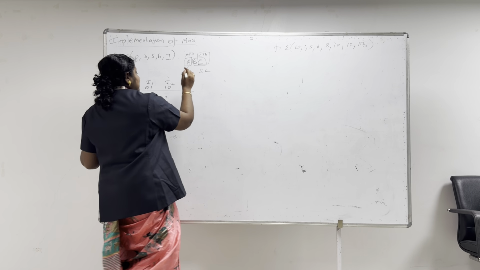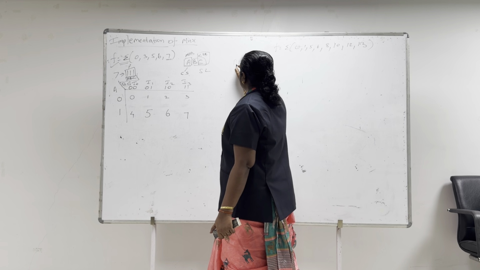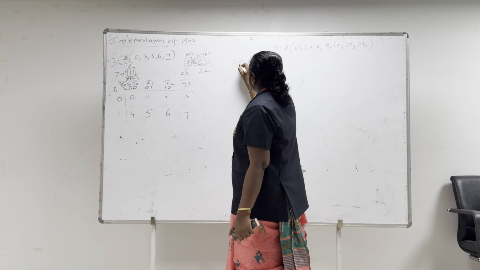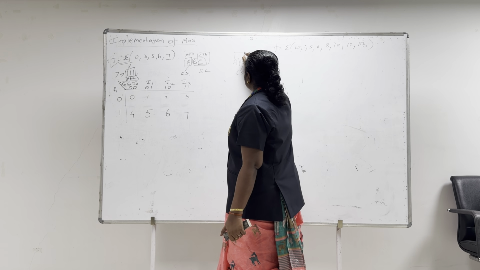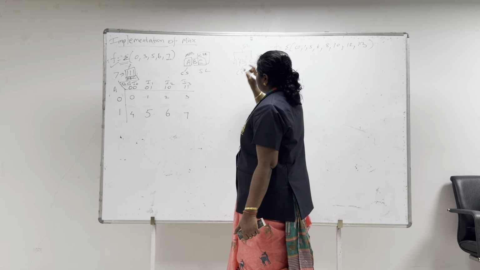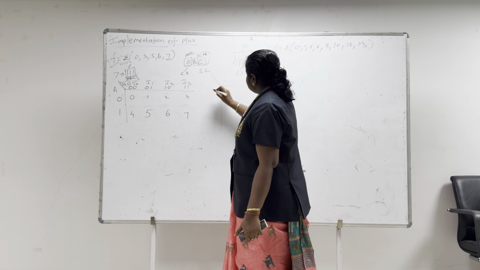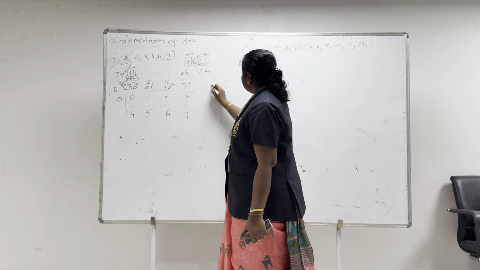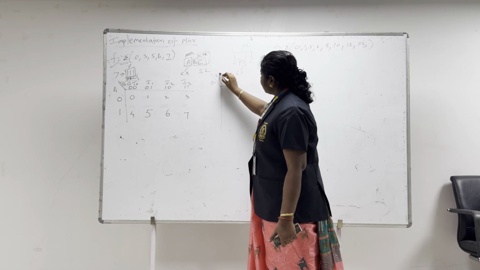Suppose I have selected A as my control signal. If I am selecting B as my control signal and A and C as the select lines, check this format, it will be modified this way. B is my control signal, therefore B should be taken over here, and AC should be taken over here.